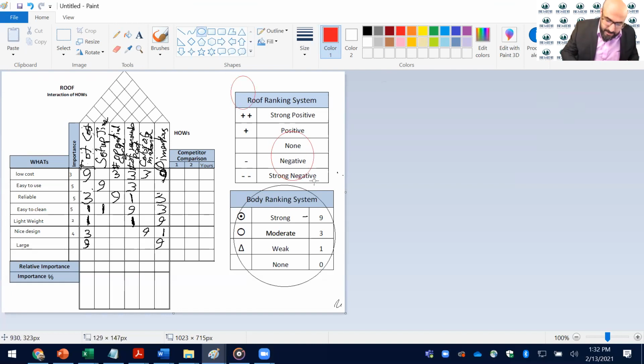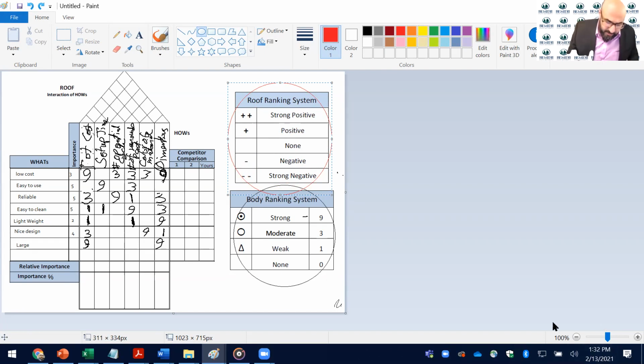I'm going to undo this, and now we're going to use this table with a plus plus for the strong positive. Plus is a positive. There's no relationship, empty. Negative would be just one negative. Strong negative will be negative and negative.